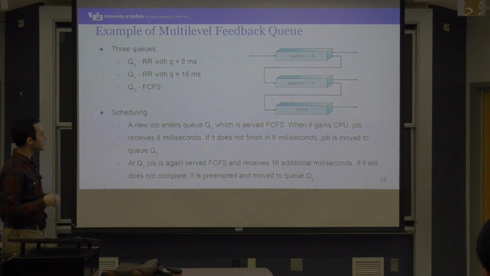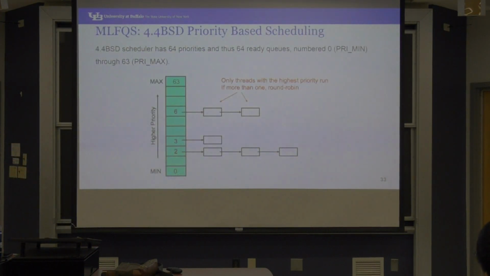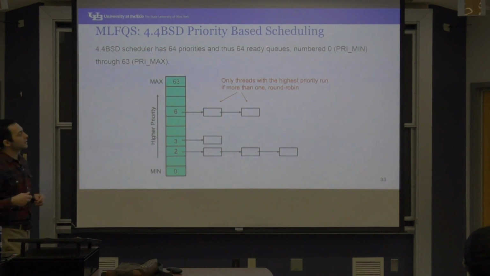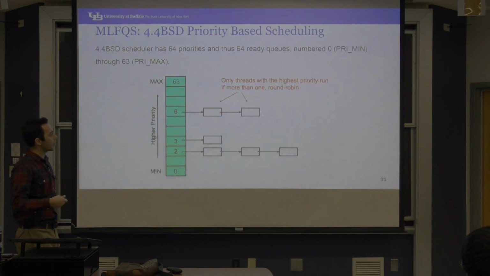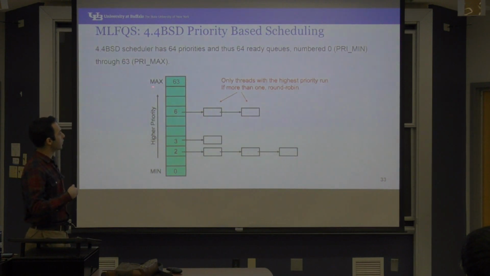This is an example. So this is the 4.4 BSD priority-based scheduling. Again, in the scheduling lecture, we're going to talk about it in more detail. There are multiple queues, each of them has multiple threads, and the priority goes up. As long as there is a higher priority thread in a queue, none of the lower queues can get scheduled.